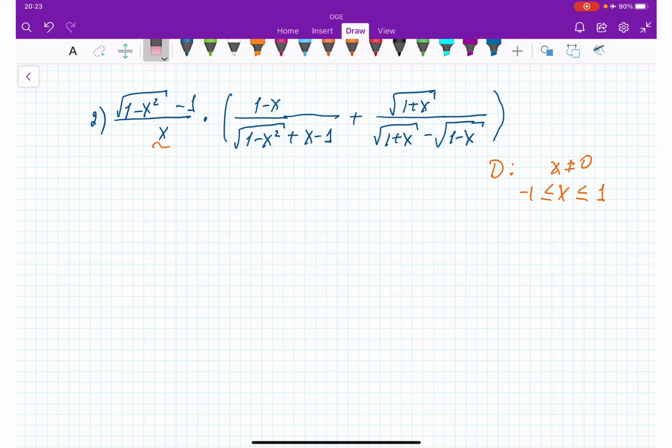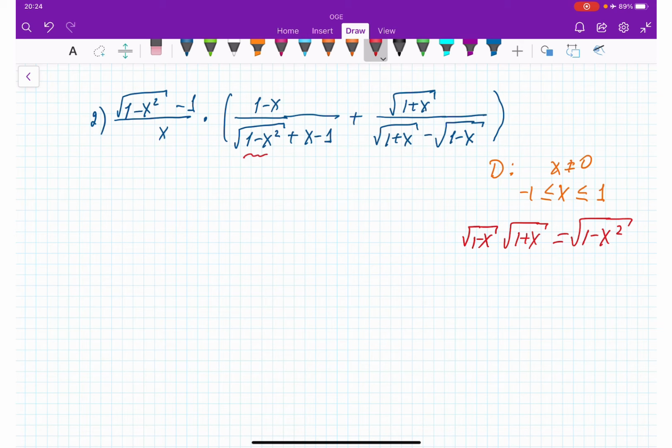All right, so what I'm going to do next, before I write it down, I would like to do some drafting so you can see. If I have square root 1 minus x times square root 1 plus x, that is equal to square root 1 minus x squared.